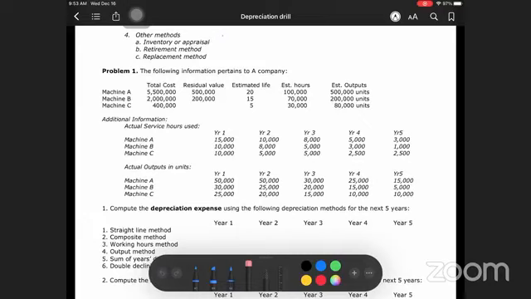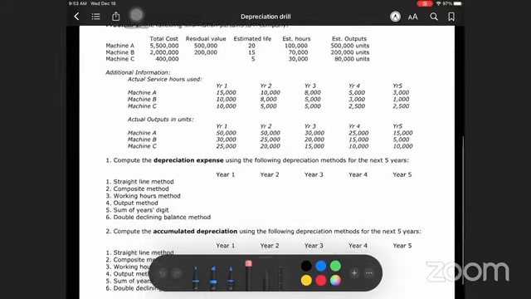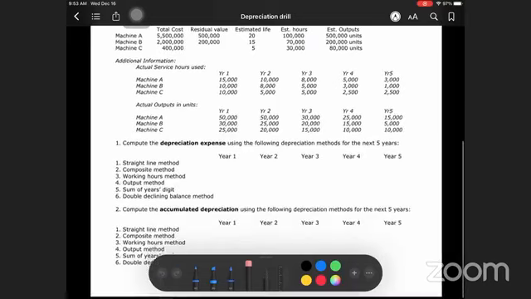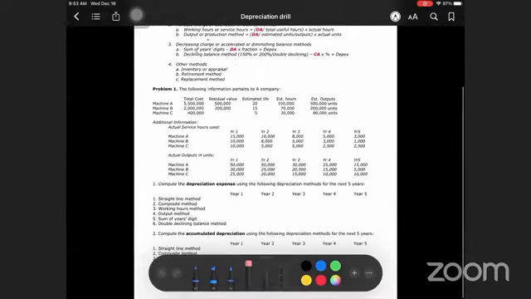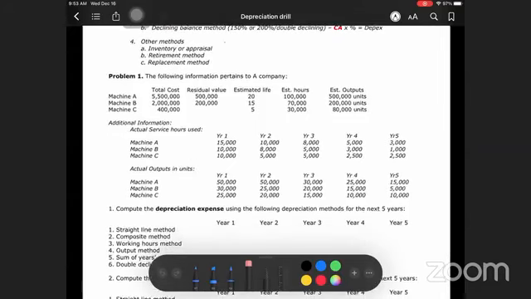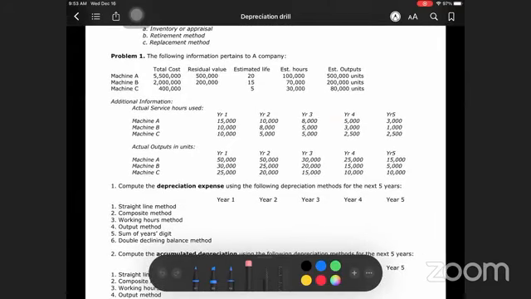So kanina, this very comprehensive illustration, di ba? Covered na ni tanan, di ba? Because the question number 1, depreciation expense, 5 years pa dyan ang gipangayo. Tapos number 2, accumulated depreciation. Number 3, question, you have the carrying amount, di ba? So in this problem, given the information, all methods gihatag nako: straight line, composite, working hours method, output method, sum of years digit method, and double declining.